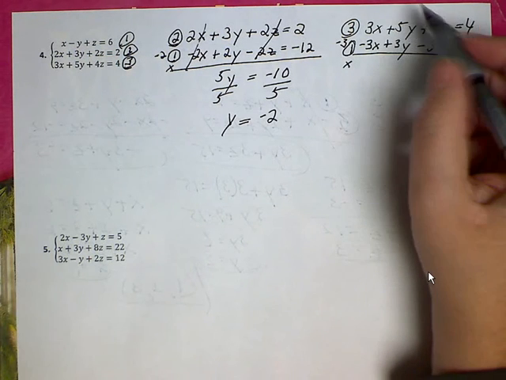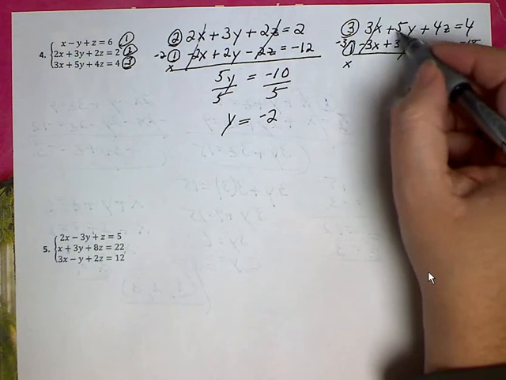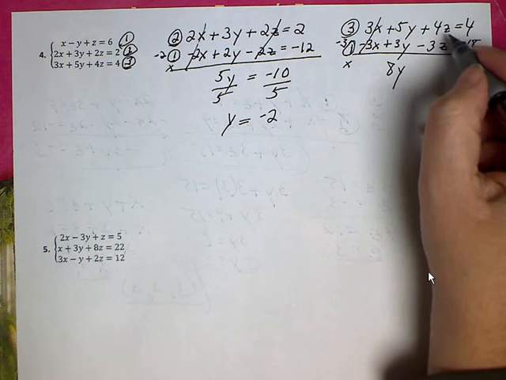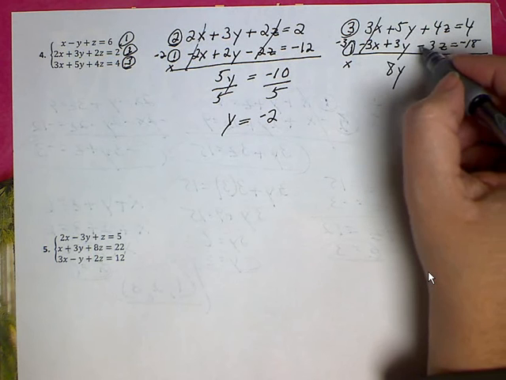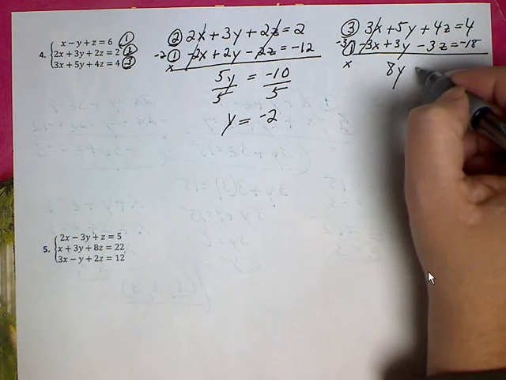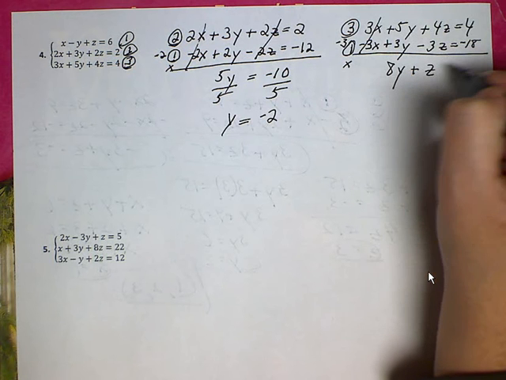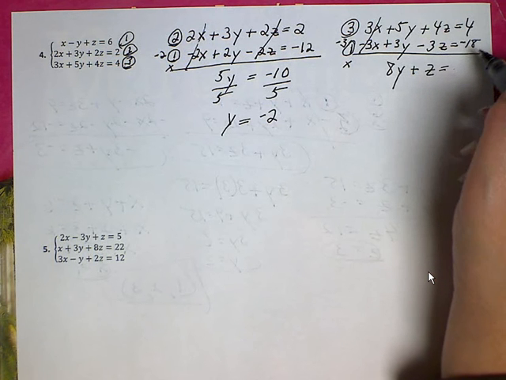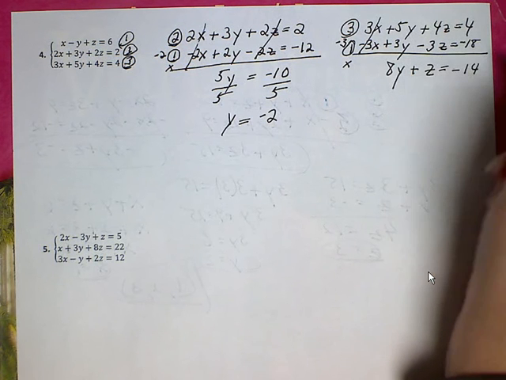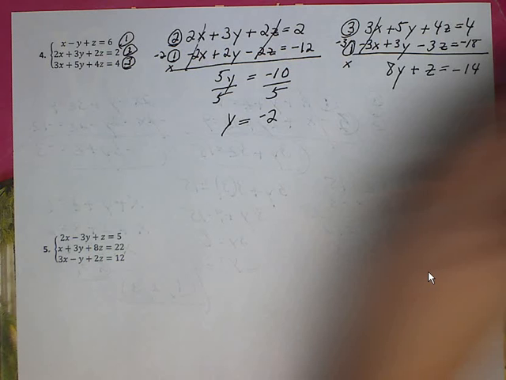Adding down, my x's are gone. 5y and 3y is 8y. 4z minus 3z gives me just a plain old z. And negative 18 plus 4 is a negative 14.